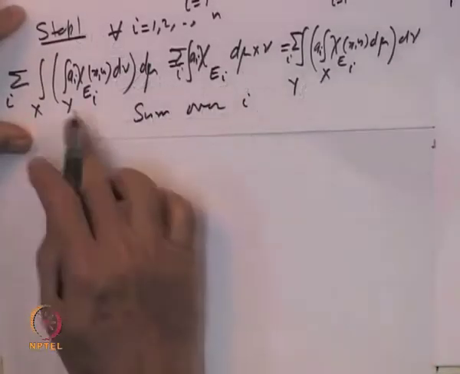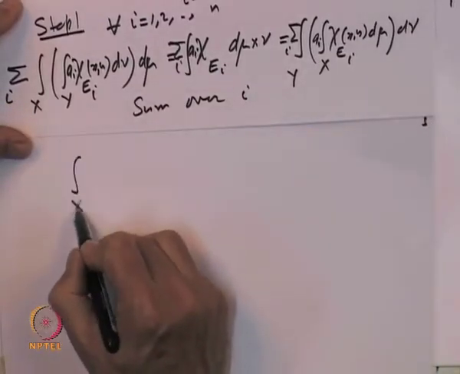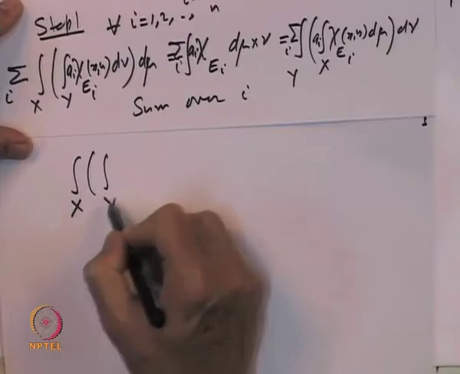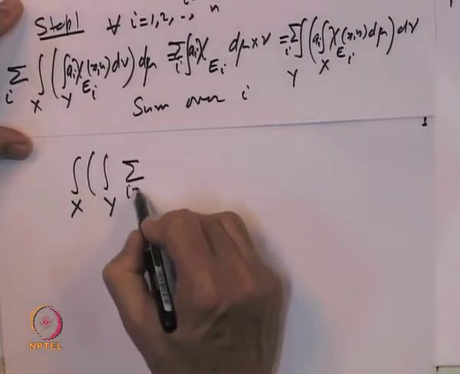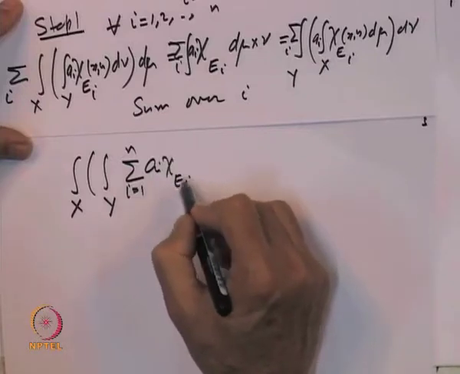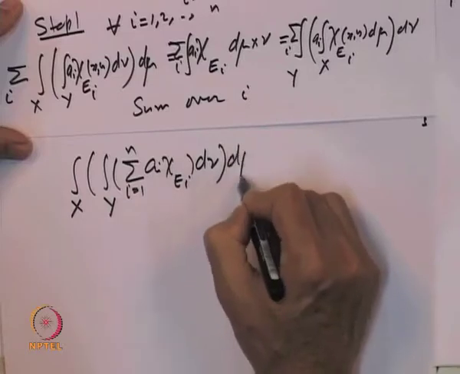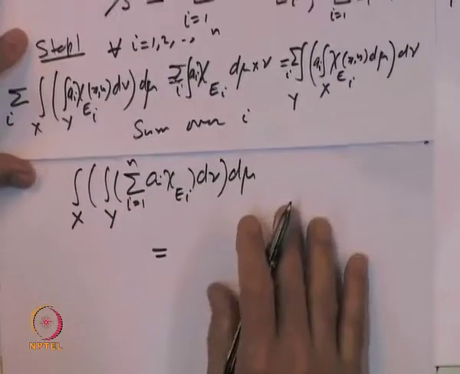So, when I take the summations inside, I will get integral over X, integral over Y of the summation i equal to 1 to n of a_i times the indicator function of E_i, d nu d mu.